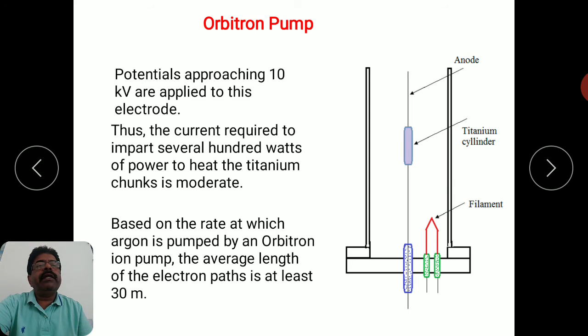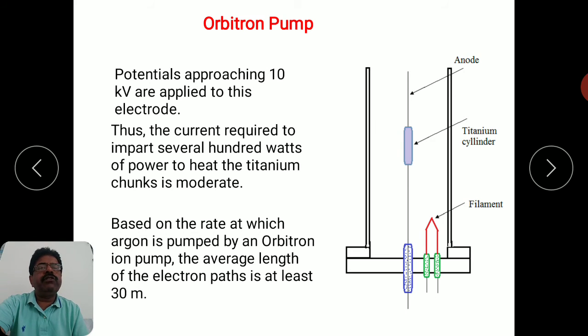Based on the rate at which argon is pumped by an orbitron ion pump, the average length of the electron path is at least 10 meter. So this orbitron pump is very efficient for the pumping of argon. You know that inert gas molecules like argon are very difficult to pump, but the orbitron pump helps us.